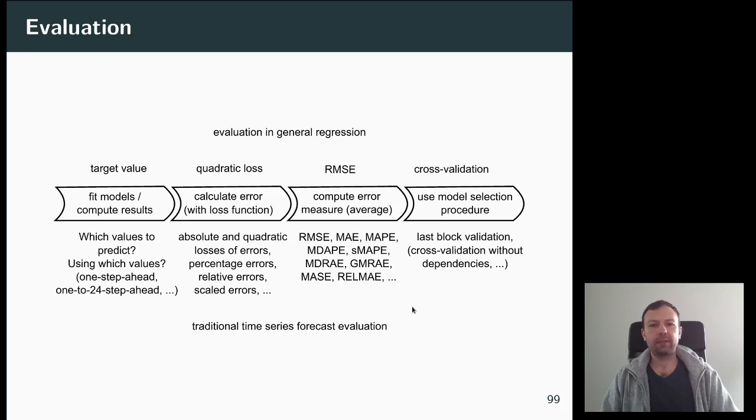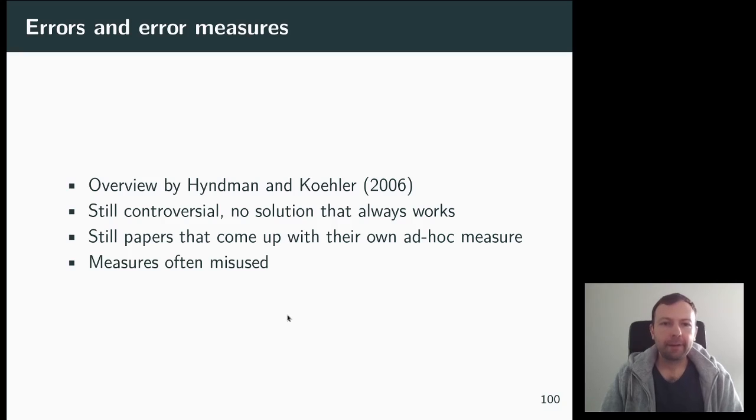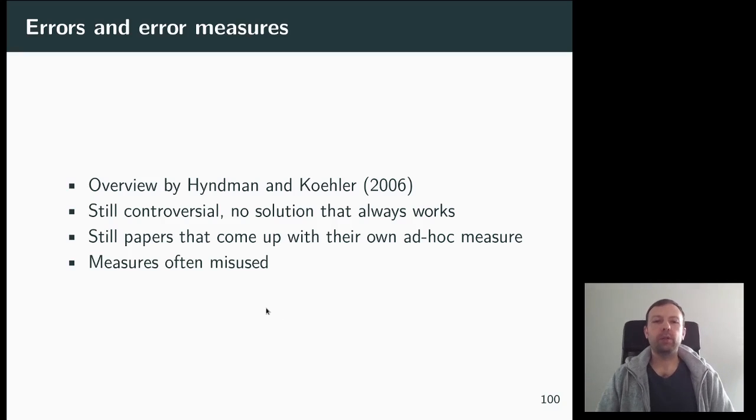Okay, so let's unpack this a bit and go into the error calculations. Because here the target values really depend on what your problem is. So let's start with the errors. There's a very good overview by Hyndman and Koehler from 2006.